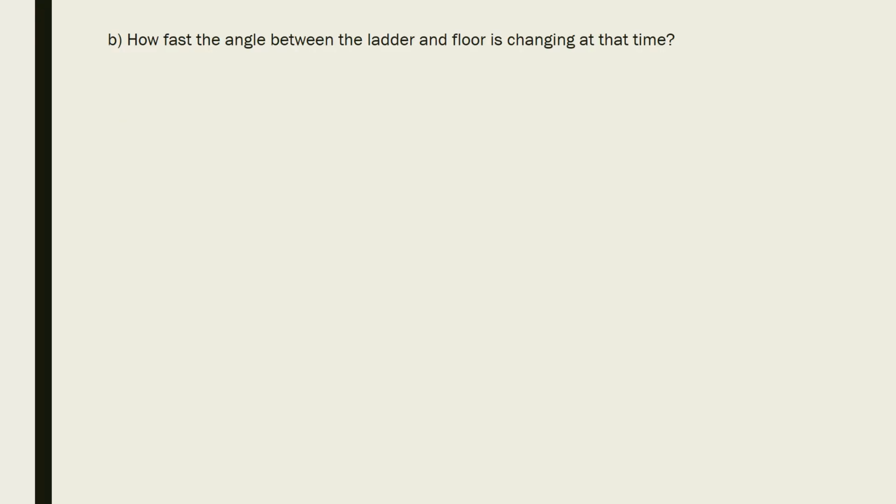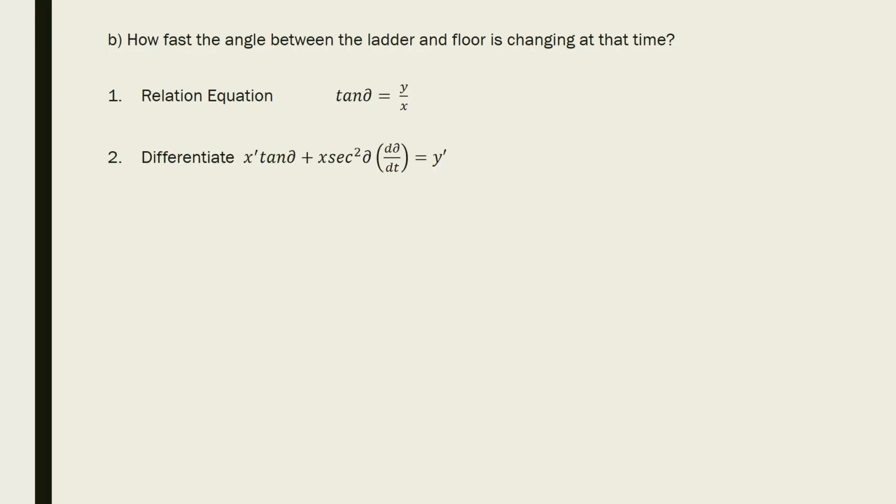For the second question, which is to find the rate of the angle, our relation equation is tangent theta equals y over x. After moving x to the left side and differentiating, we get x prime tangent theta plus x secant squared theta times d theta over dt equals y prime.